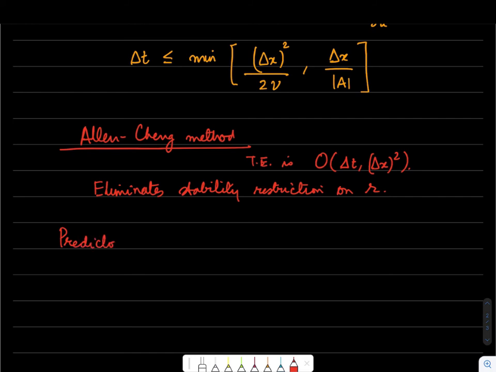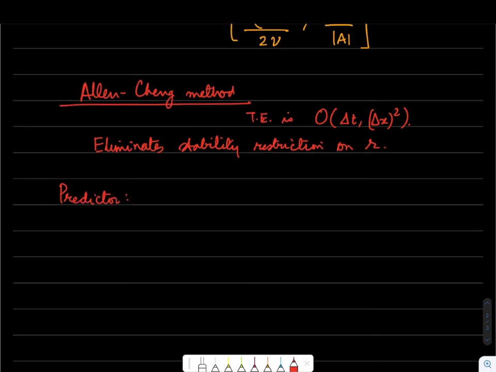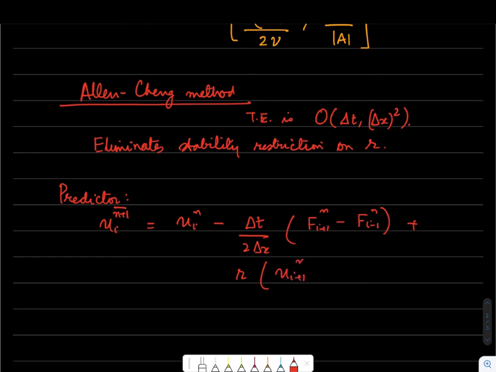The predictor step is u_i^(n+1) bar is u_i^n minus delta t by 2 delta x (f_(i+1)^n minus f_(i-1)^n) plus r times (u_(i+1)^n minus 2 u_i^(n+1) bar plus u_(i-1)^n).